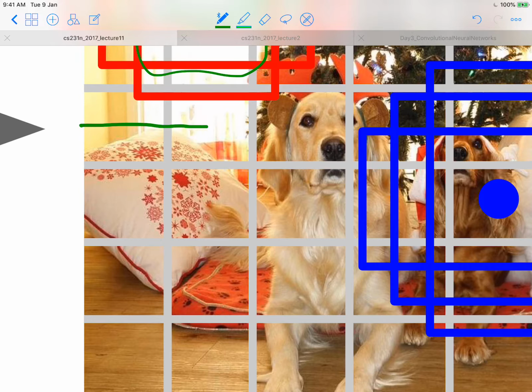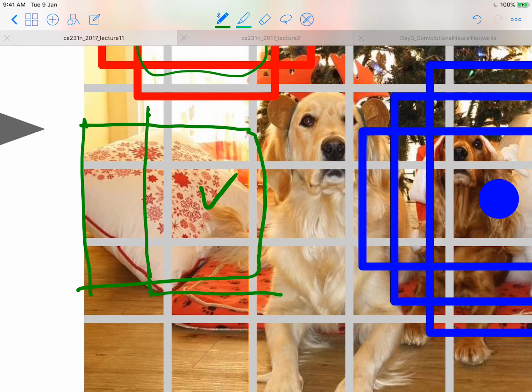Yeah, suppose we want to detect this pillow, and this pillow has this bounding box as a ground truth. Okay, and now the center of this grid, and suppose our base bounding box is chosen as this one. So dx is defined as the difference between the current base bounding box position and the ground truth bounding box position.